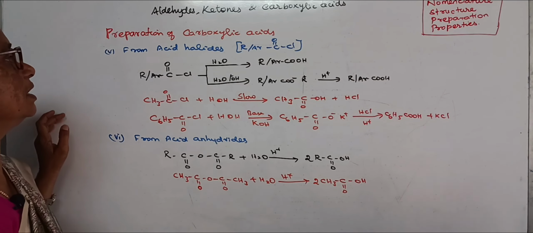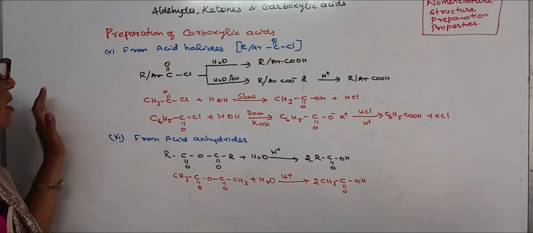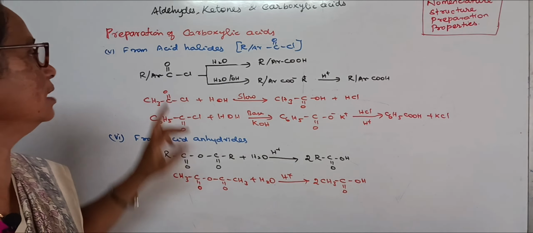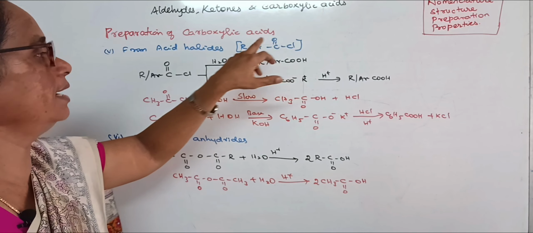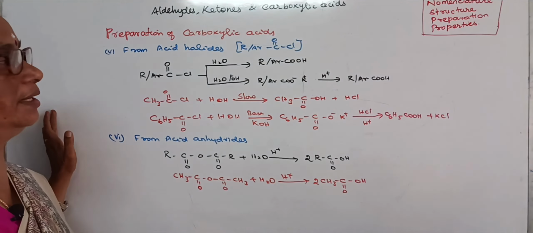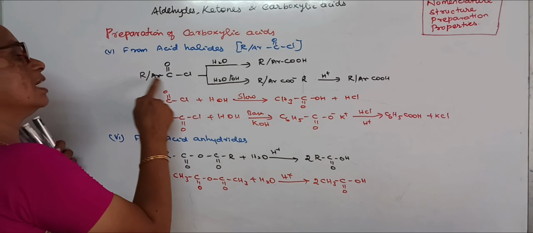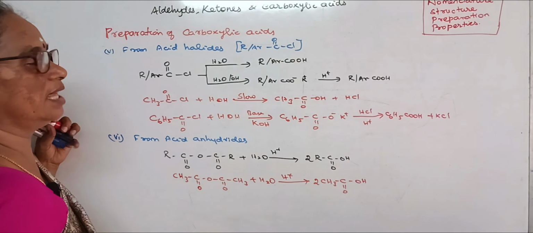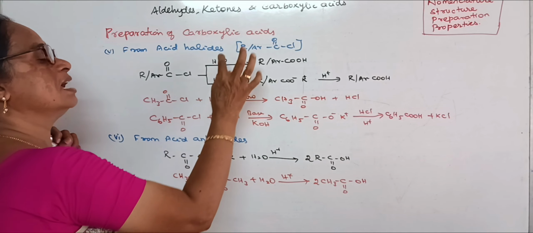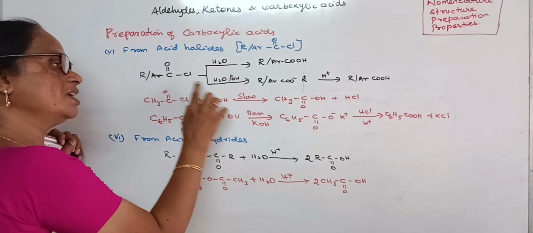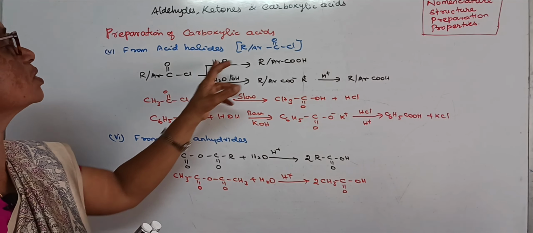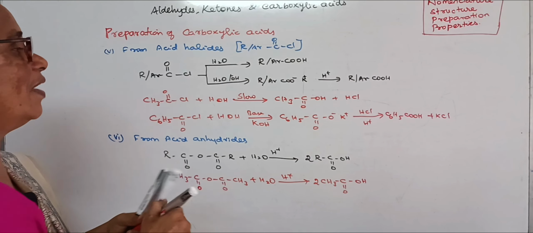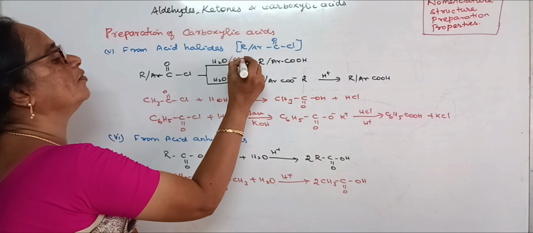The next method of preparation of carboxylic acid is from acid halides. The acid halides can be an alkyl acid halide or aromatic acid halide. So let us take either alkyl or aryl acid halides. They may undergo hydrolysis with water or even in presence of a base. When these acid halides undergo hydrolysis with water, the reaction is found to be very slow.